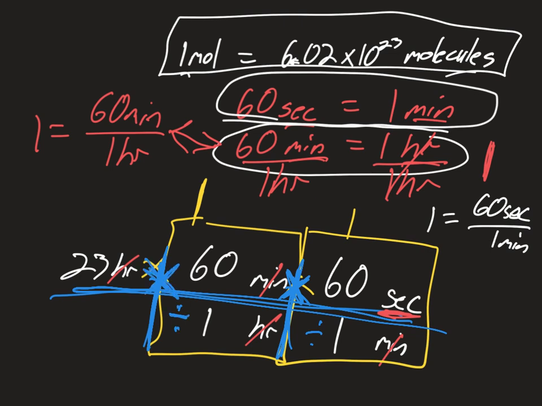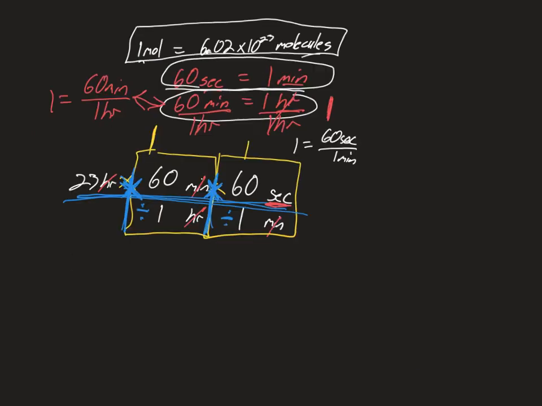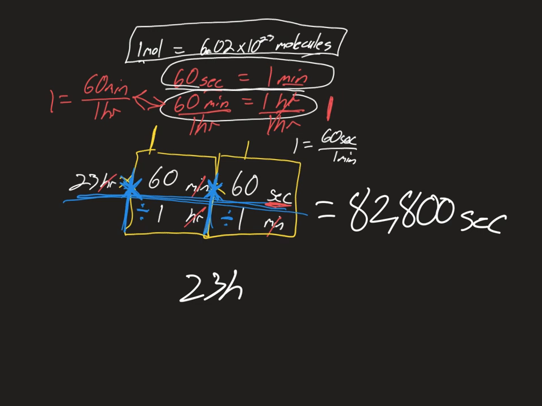Luckily, if we divide by 1, it's going to be the same thing. So really, we just need to multiply 23 times 60 times 60. When we do that, you're going to get 82,800 seconds. And so now we can write that 23 hours is equal to 82,800 seconds.